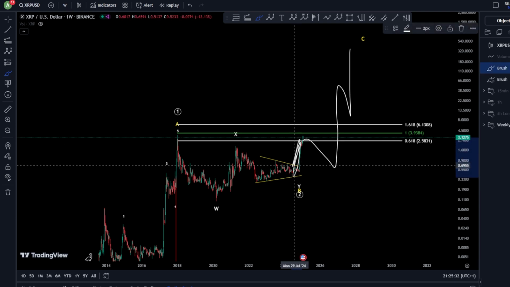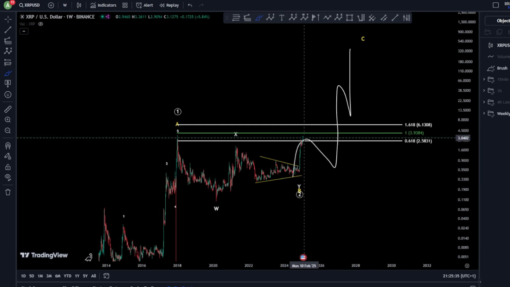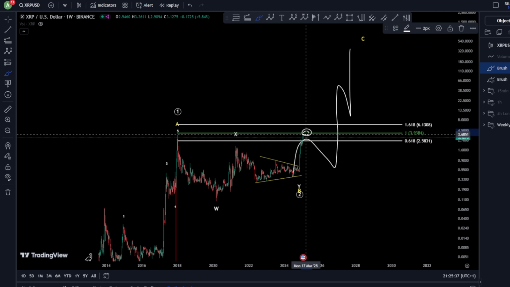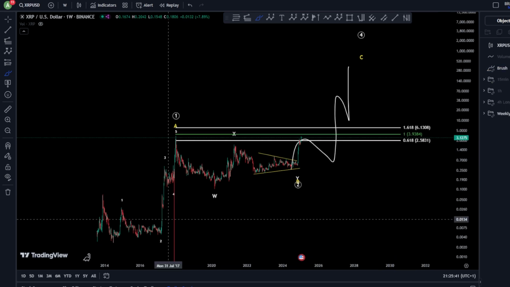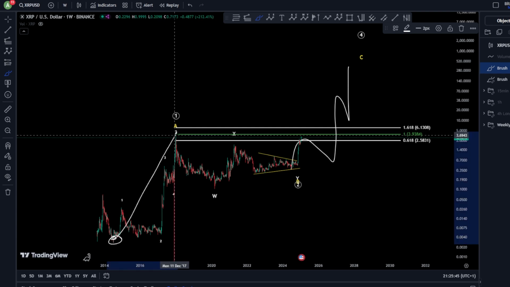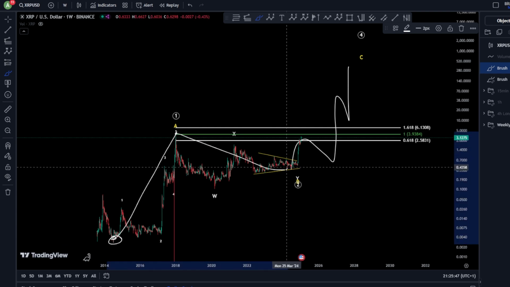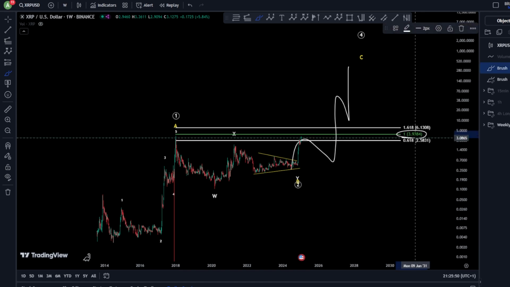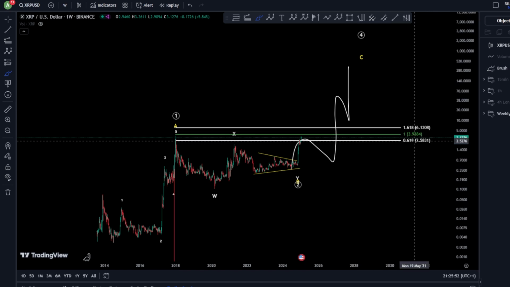So basically, we have the same wave 1 here, and probably once we finish here at the 1-to-1 fib level taken from the start of this zigzag, the start of the wave A, till the end of it, and base point of the wave B, it gave us a 1-to-1 fib level on the linear chart.